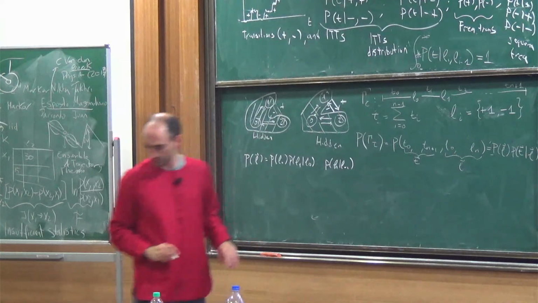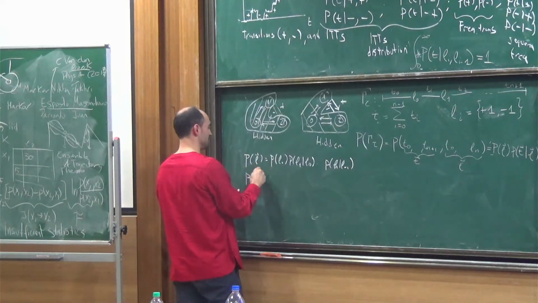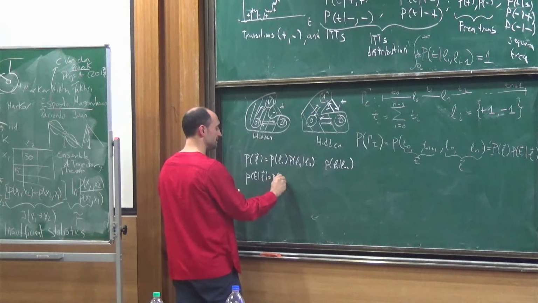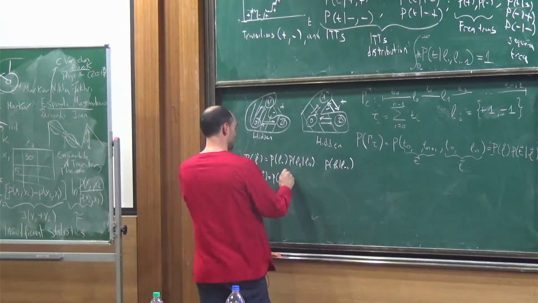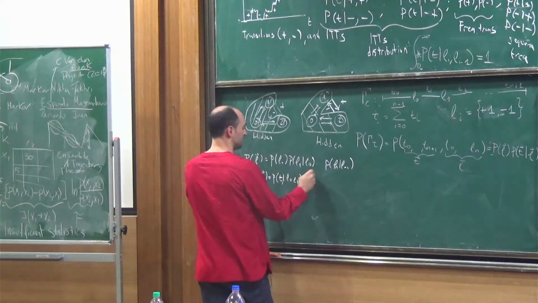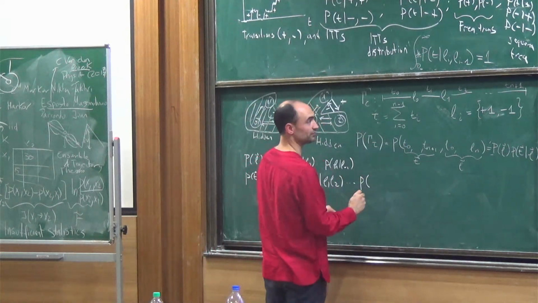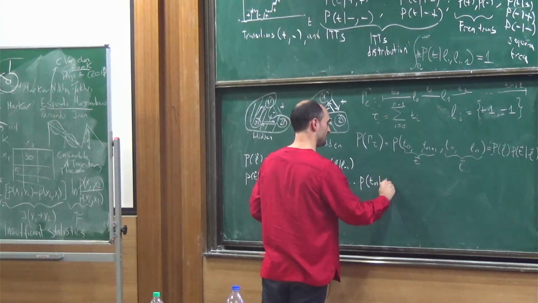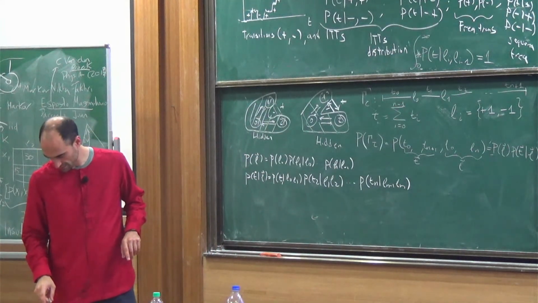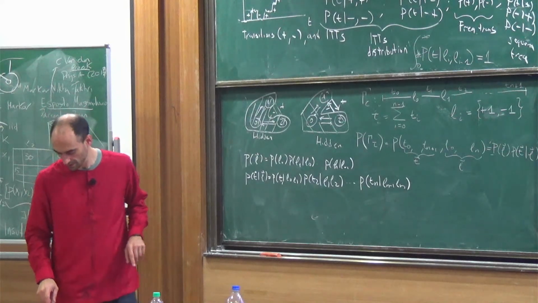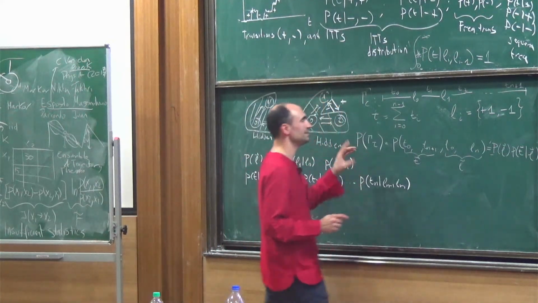This is the first part, and the second part, t given l, will be p of t1 given L0 L1, p of t2 given L1 L2, up to p of t_n given L_n minus 1 L_n. I think it is 1. Okay, so this will encode somehow the probability for such a trajectory.